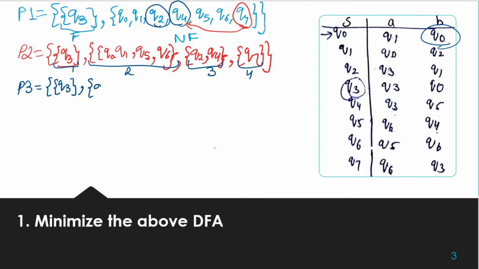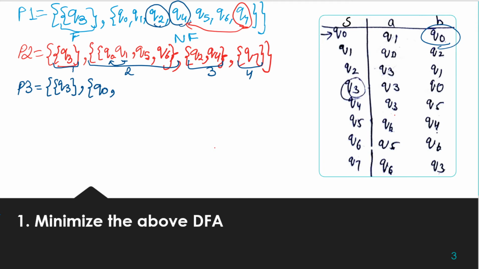Now Q0 is placed. Now we have to check whether Q1 can be part of Q0 or not. So we have to check the compatibility of Q1 and Q0, and this time we will be checking for the groups from partition 2.